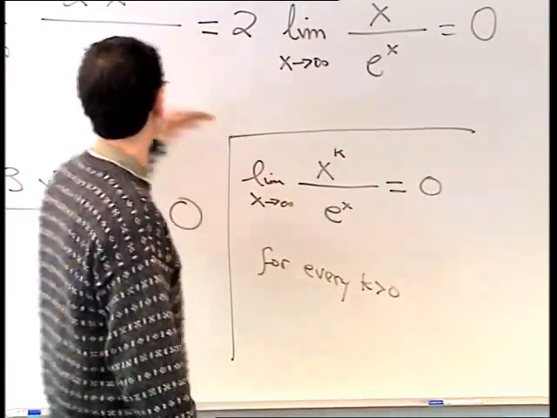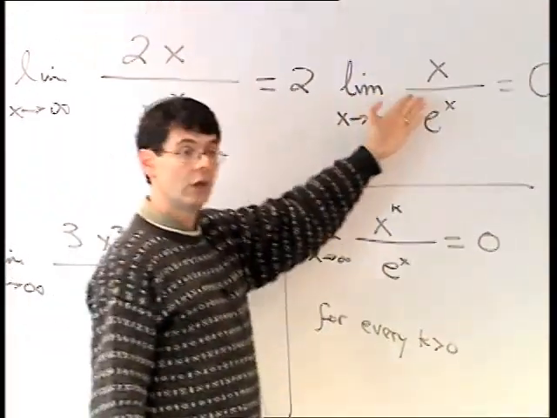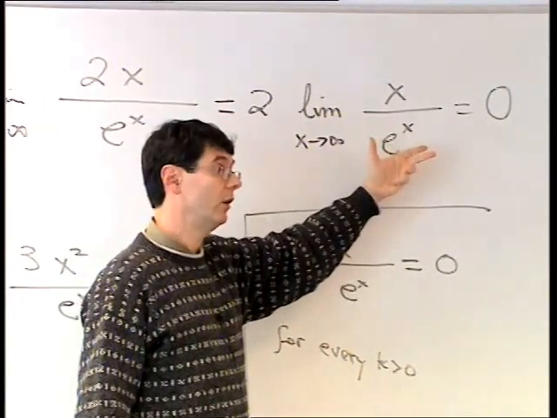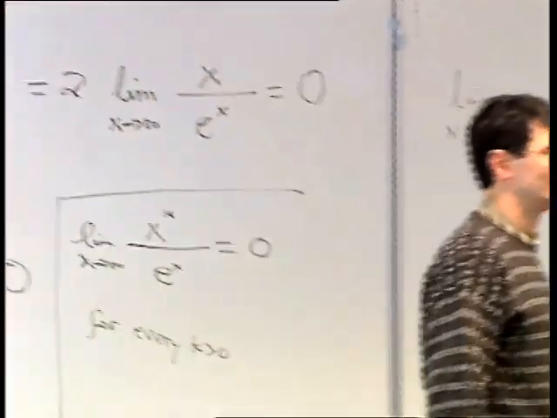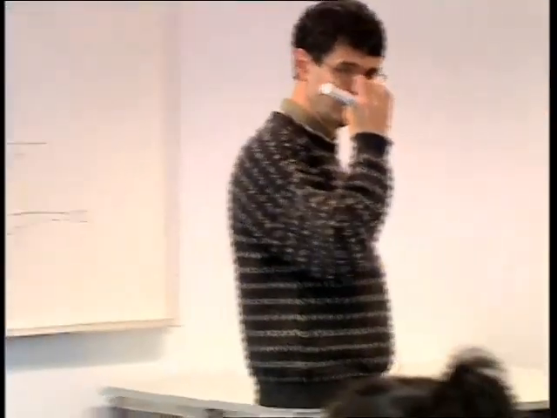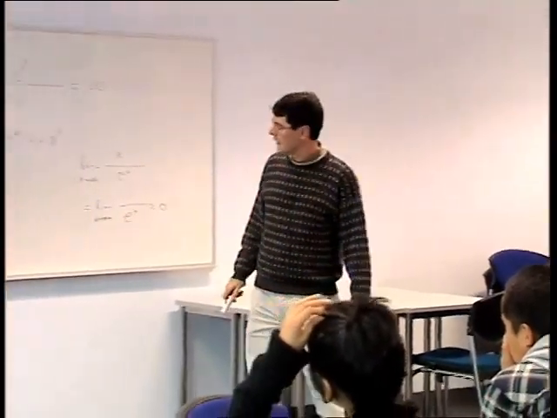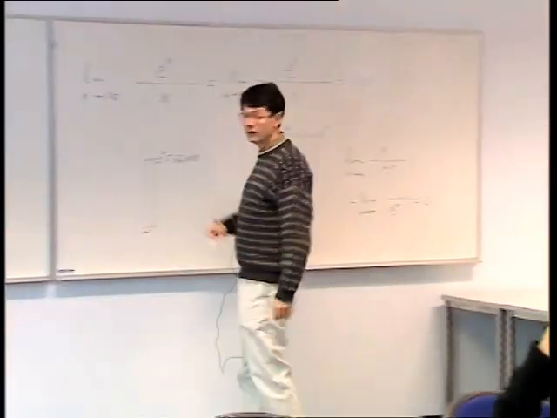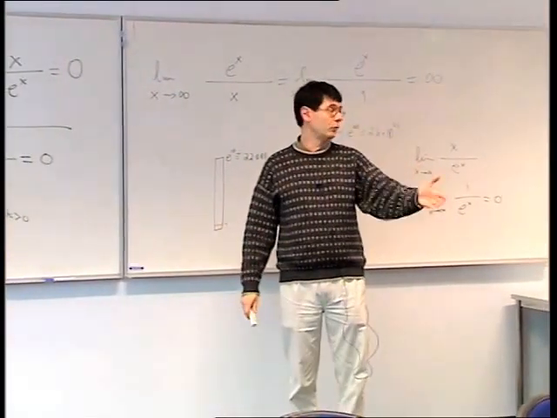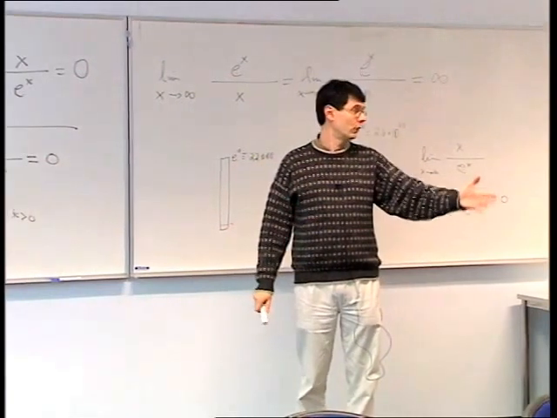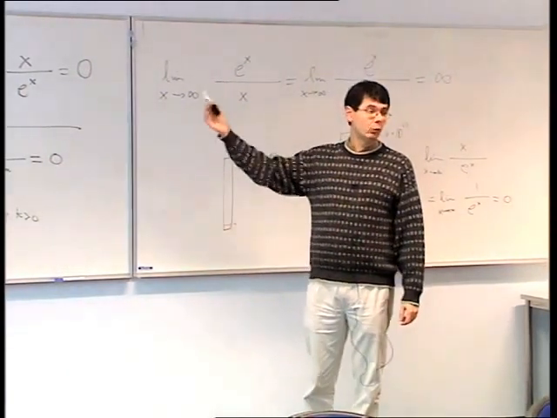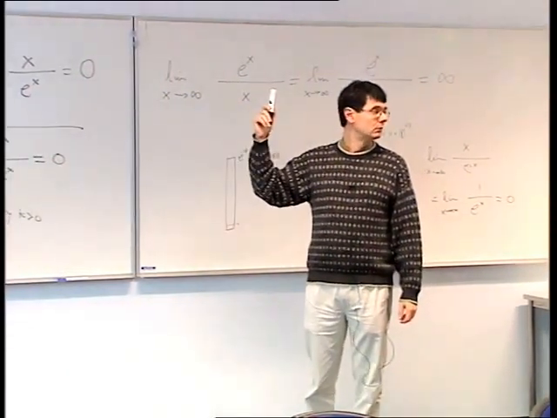And eventually, the degree drops to one that you've done before. And you already knew it was 0, so it's going to be 0. All right? This is what we mean when we say that something grows exponentially. Sometimes you read the newspaper and say exponential growth. It outpaces any polynomial.